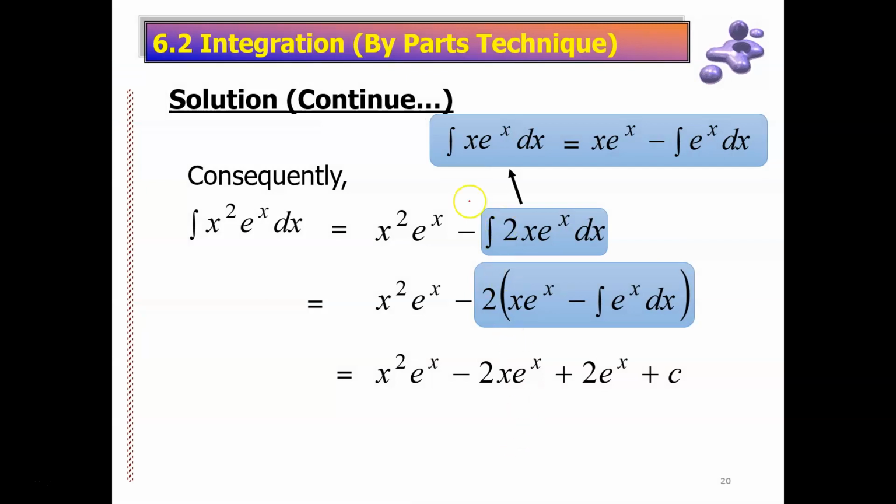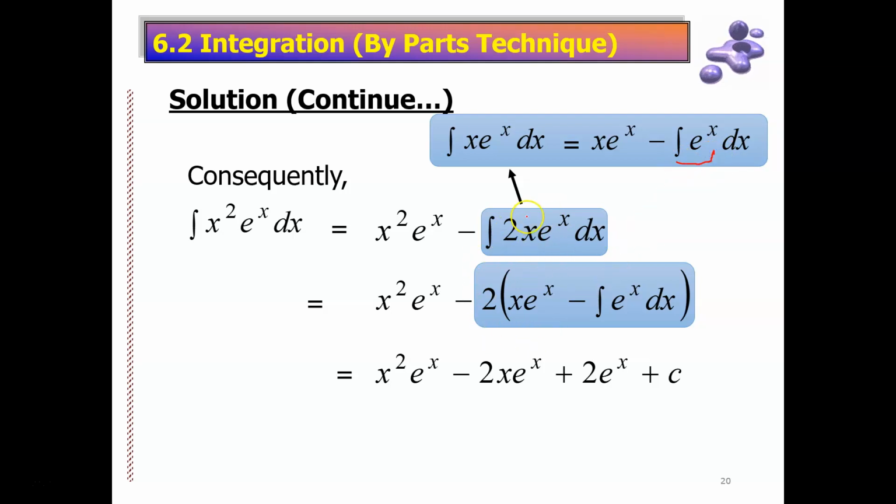So next, kita ambil semula yang the earliest question or equation. So we have this. This is the one we have done previously, yang kita buat by part lagi untuk kali keduanya. So we have this kan. Tadi kita dah solve, kita dapat ini sahaja.